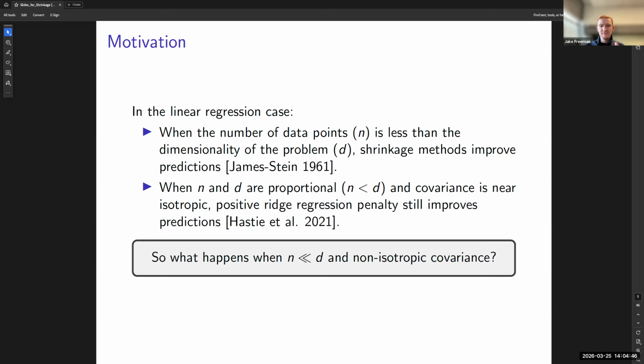The basic idea is that when you're near isotropic, when n and d are proportional, a new sample can reflect something new. But when you have so many more dimensions than samples, you're just going to see something that's orthogonal to what you've seen before, and so it's not really clear what you can learn in that regime. So the idea here is to look at when we're anisotropic, what do you get out of that?